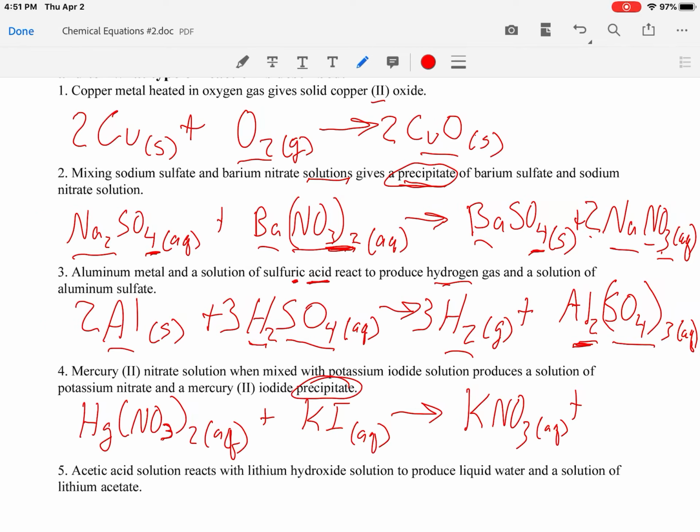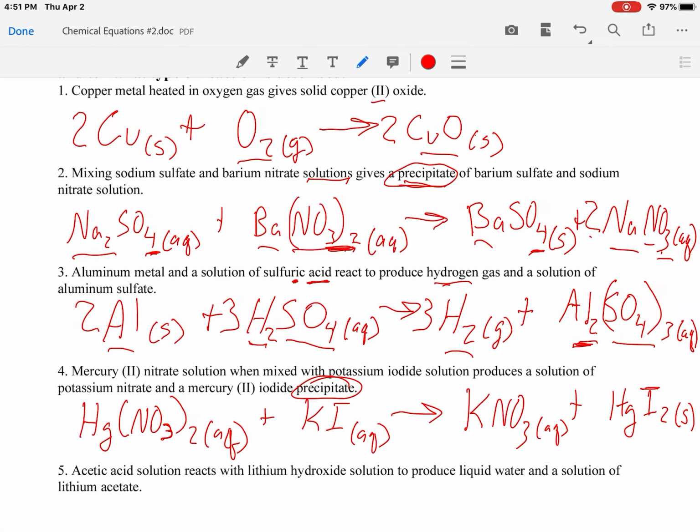And we have, again, that word precipitate, mercury 2 iodide precipitate. So mercury 2 Hg with a +2. Iodide has a -1 charge, right? It's a halogen, 1 block away from the noble gases. So we need 2 of those guys, and precipitate, remember, means solid is the state for that guy.